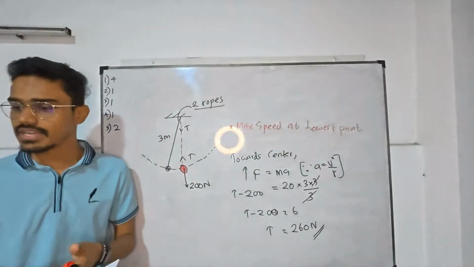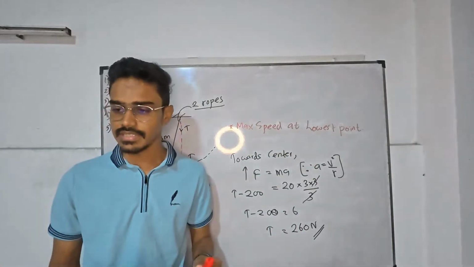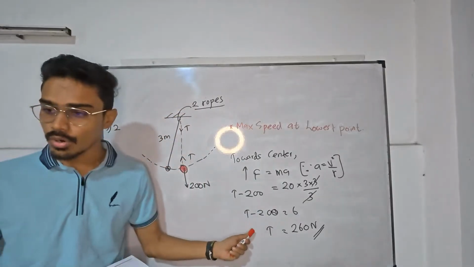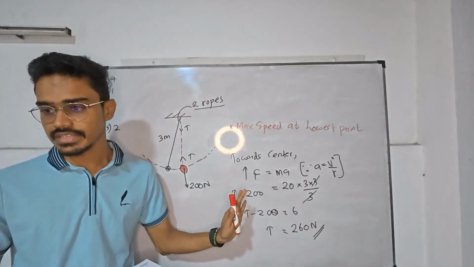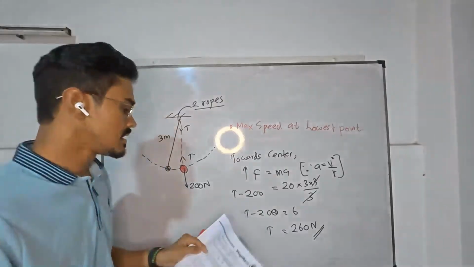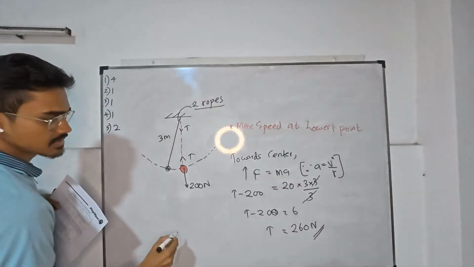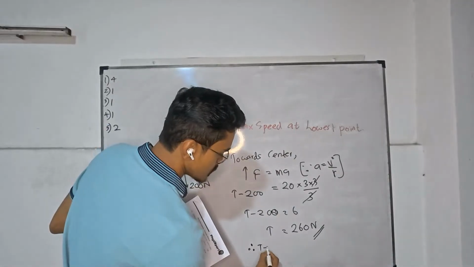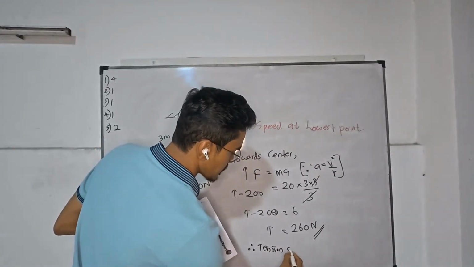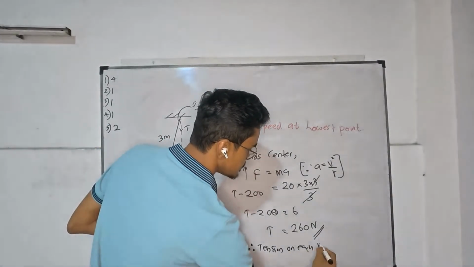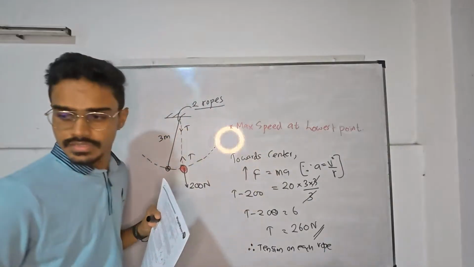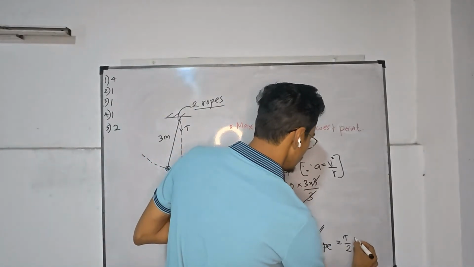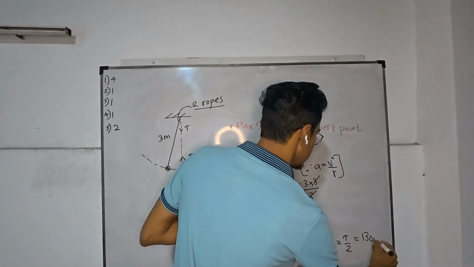But this is not the final answer. The reason is it says it has two ropes. Now I have got the total tension as 260, right? So therefore, tension on each rope equals T over 2, that is 130 newtons.